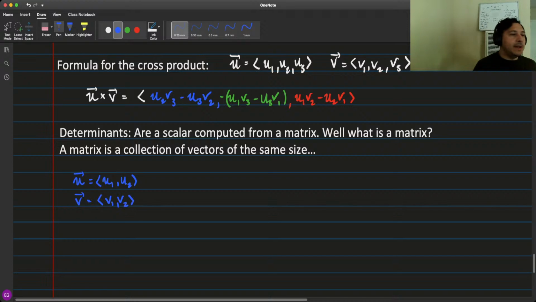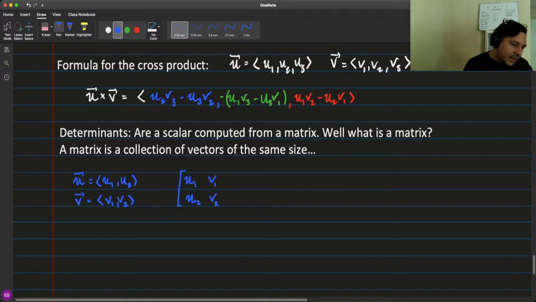Okay, so there's two ways you can do this. You can make a matrix by putting the vectors as columns of the matrix. So I would write the first component, the second component in a column. You see how the numbers are stacked on top of each other? And then I could take the other vector, first component, second component.